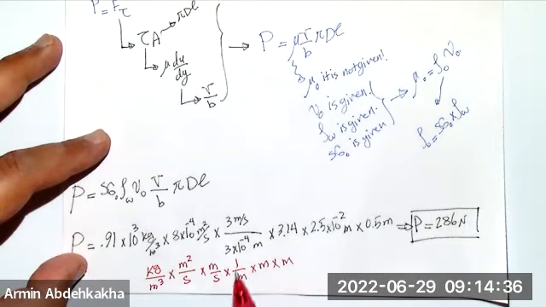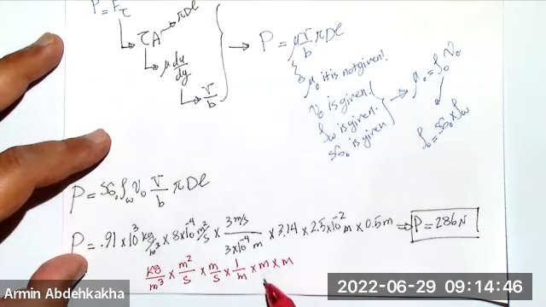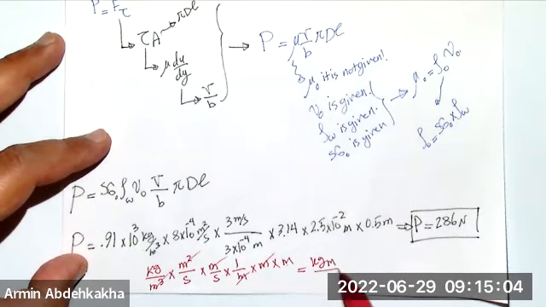Oh, it shouldn't cancel out totally. Okay, so these two are going to cancel out, this one going to cancel out, and kilogram meter per second squared. So the unit is going to be kilogram meter over second square, which is the newton.